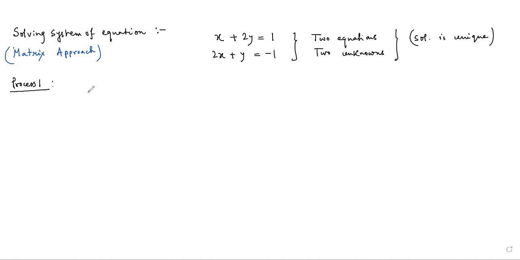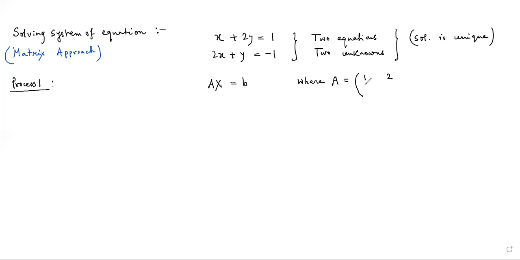If I want to go with the matrix approach, what we do is write the system in matrix form. So we write AX equal to b, where capital A is the coefficient matrix, where I choose the coefficients of the variables from each of the equations. The first row of the matrix is the first equation, the second row is the second equation. In the first row, we write 1 and 2, because 1 is the coefficient of x and 2 is the coefficient of y.